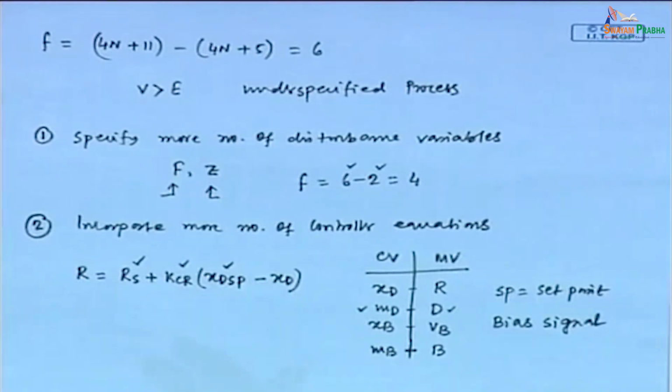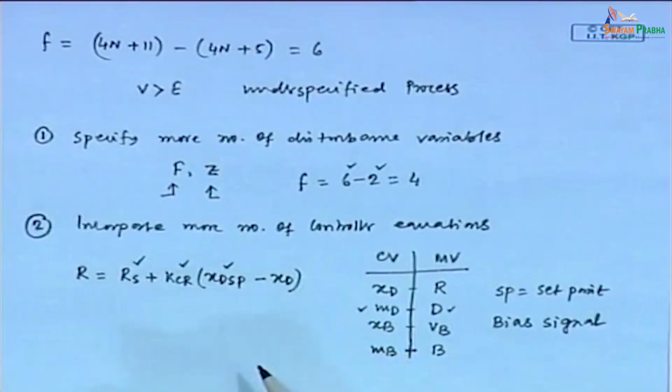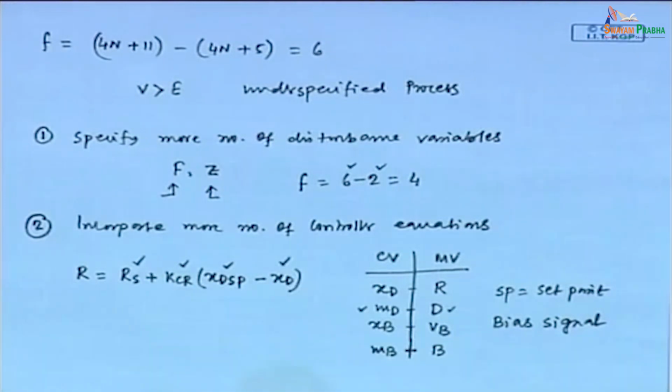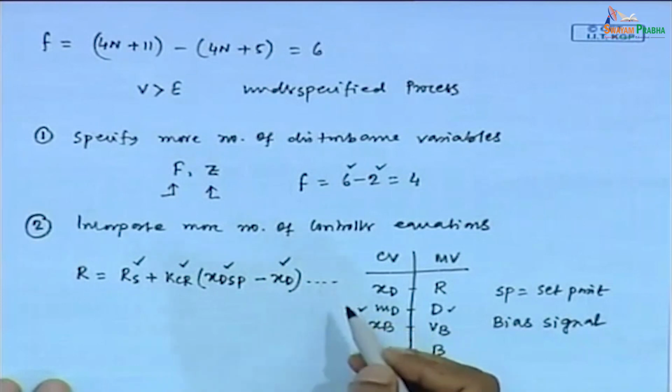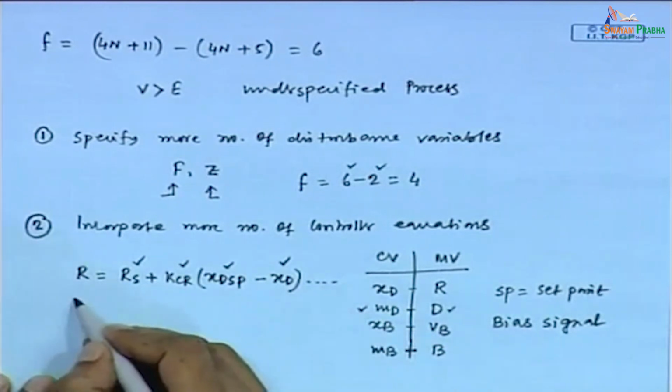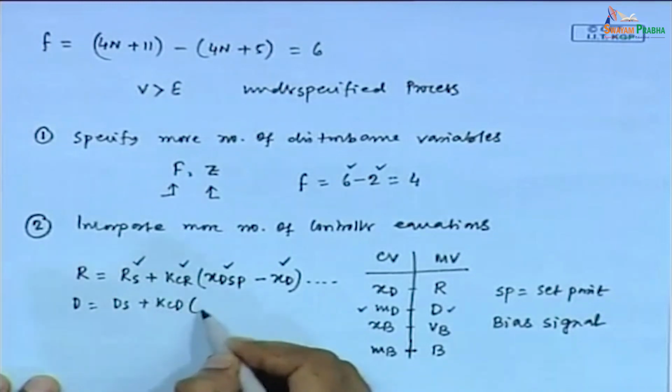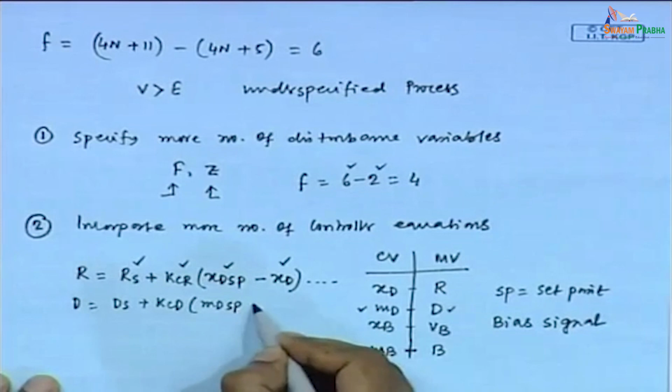KCR is the controller parameter which we need to determine, or we call tuning parameter, that is basically a constant term. XD SP is the XD set point, that means the desired value of XD, and this is the actual XD. So, this is one equation. Similarly, we can write for D, D equals DS plus KCD, MD set point minus MD.